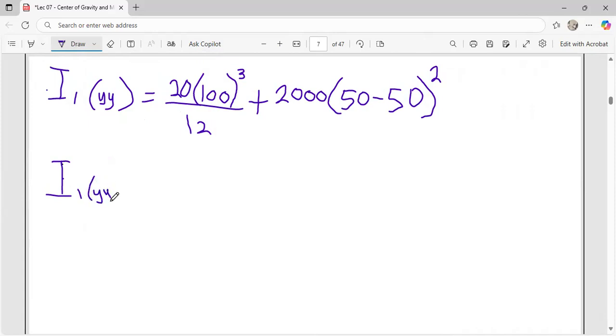If you punch this in a calculator, you are going to get, let's all do it: 20 times 100, all in bracket exponent 3, all over 12, plus 2000 bracket open 50 minus 50 all squared.